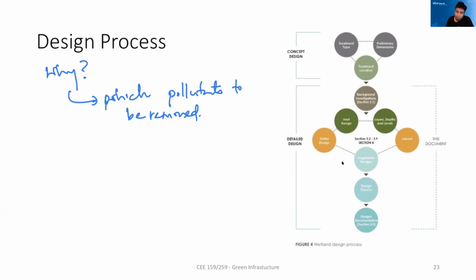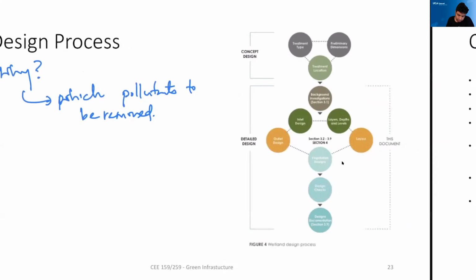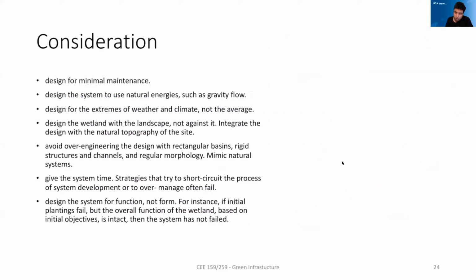Based on that, these other things are designed. Again, I'll upload the handout so that you can read it. This is for those of you who have wetland as your project design. A couple of things you have to think of: a wetland is not like an active system. That means you want water to move naturally, so it has to be on a flat surface and have a slow flow rate.